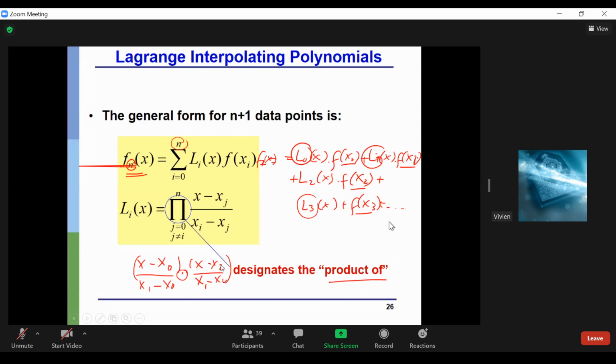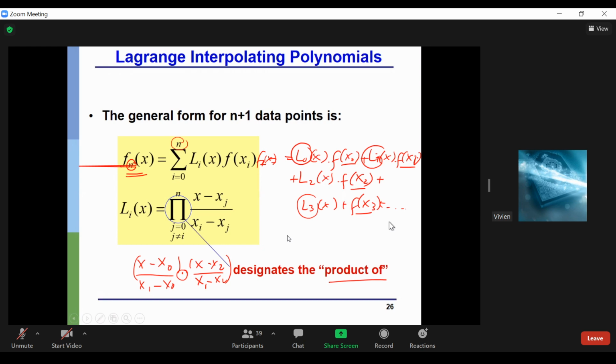Okay, so that's how to interpret this one. If we want to find Li, for example L0, we start here from j equals 0, in which j should not equal i, up to n, the order of the equation that we want to find, of x minus xj over xi minus xj.